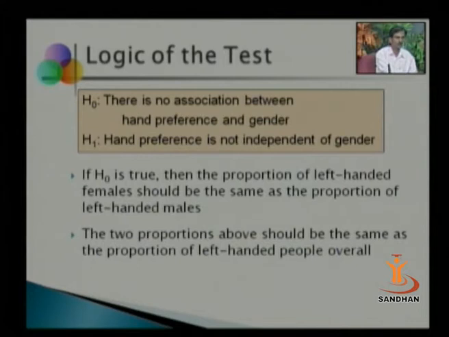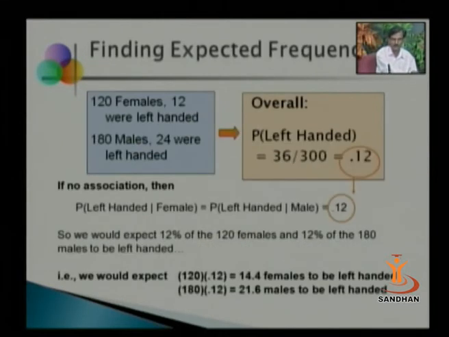So the two proportions above should be the same as the proportion of left-handed people overall. To calculate the expected frequencies, we have 120 females, of whom 12 were left-handed, and 180 males, of whom 24 were left-handed. So the overall probability of left-handed is 36 divided by 300, because out of 300, 36 are left-handed.